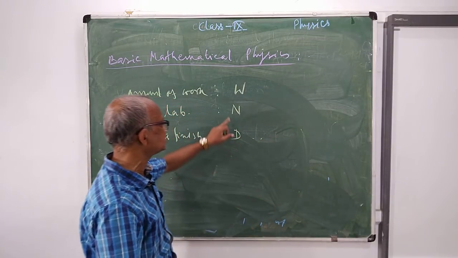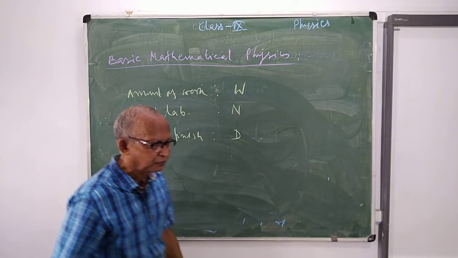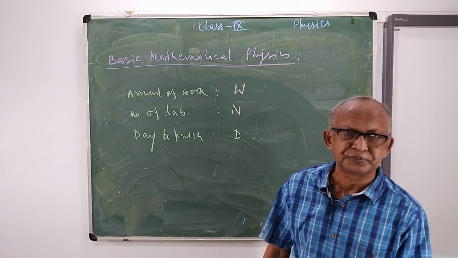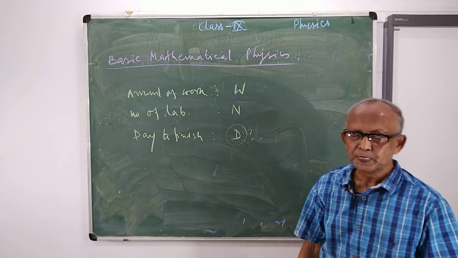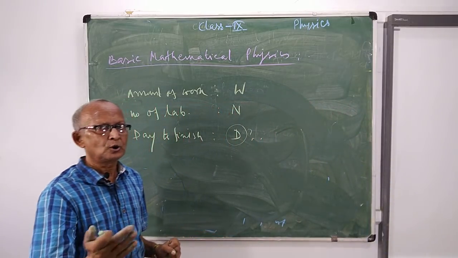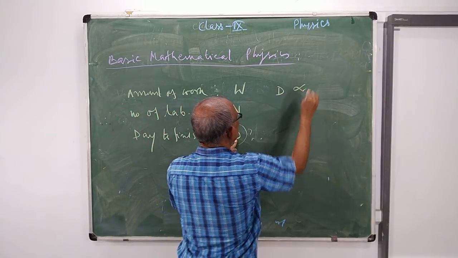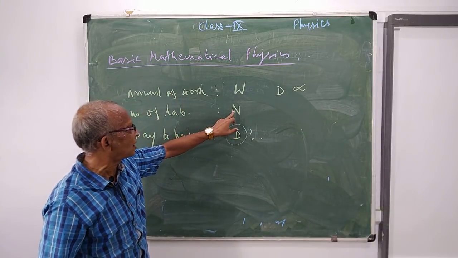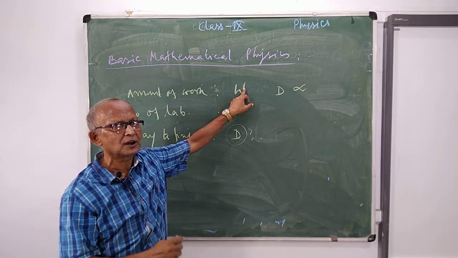As is seen earlier, suppose the final question is to answer in how many days the particular work is to be finished. Then how do we proceed? We keep the unknown on the left side, like D. So D is proportional to, now relate D with either first N or with W. If with N, then keep W constant.